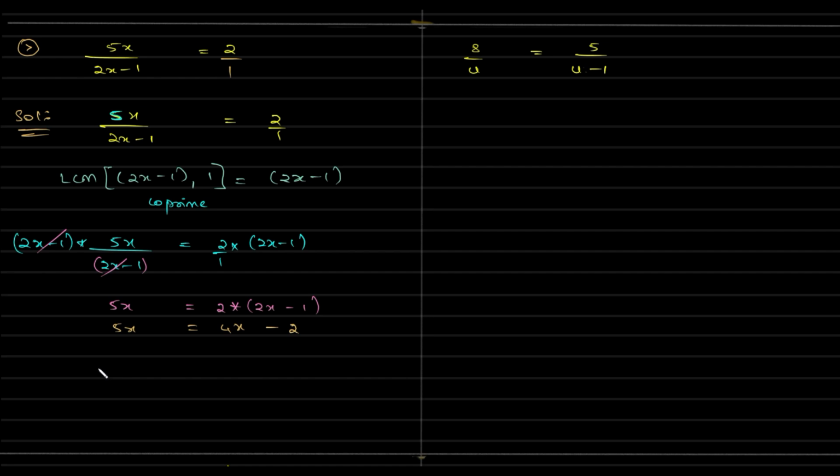So now what is the next step? We need to eliminate something over here. Well, we don't have anything over here to be eliminated as of now, and 4x on the right hand side has to be eliminated. So for that, what will I do? Negative 4x on both the sides. So 5x minus 4x is 1x. This and this will get cancelled and we have negative 2.